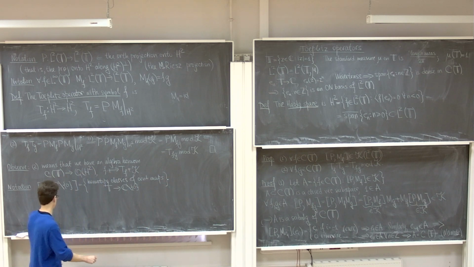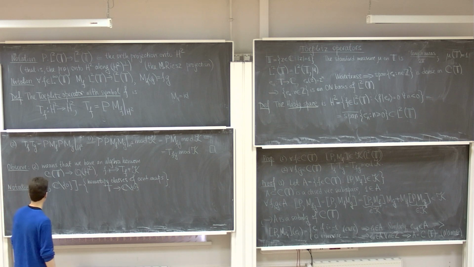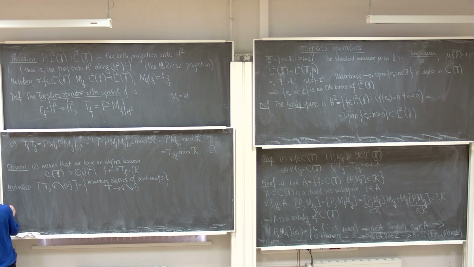Well, as usual, the square brackets denote the set of homotopic classes. It's a standard fact from elementary topology that there is a bijection between this set and the integers.